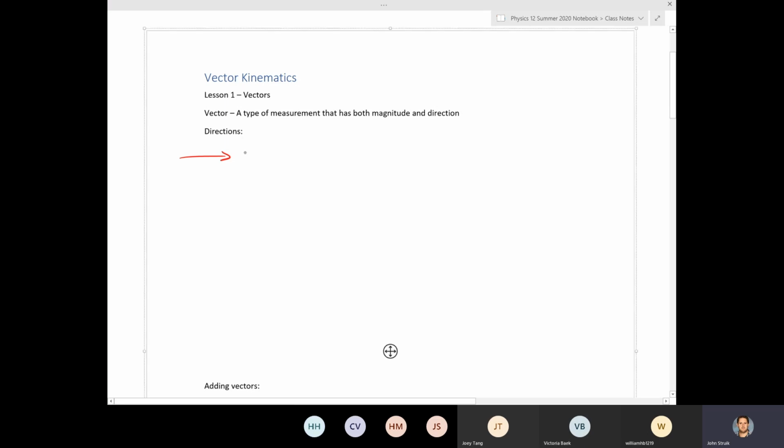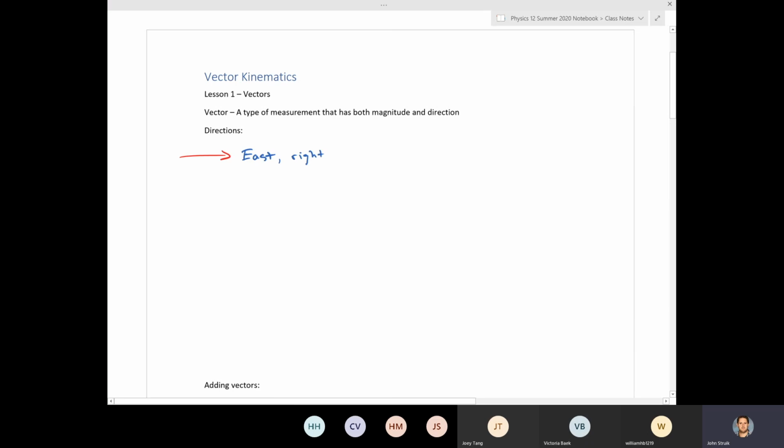East? Anyone else? Can we define it as anything other than east? Awesome. Okay. So yes, east, we can also call it right, because it's going to the right.